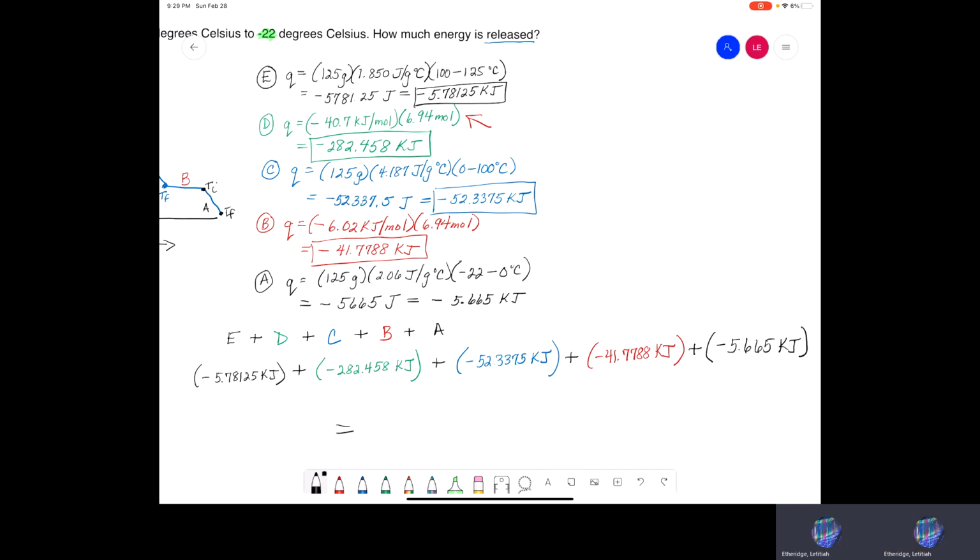Okay, let's add them up. I'll put them in parentheses so you can see that they were all negative. So minus 5.78125 plus minus 282.458 plus minus 52.3375 plus minus 41.7788 plus minus 5.665.